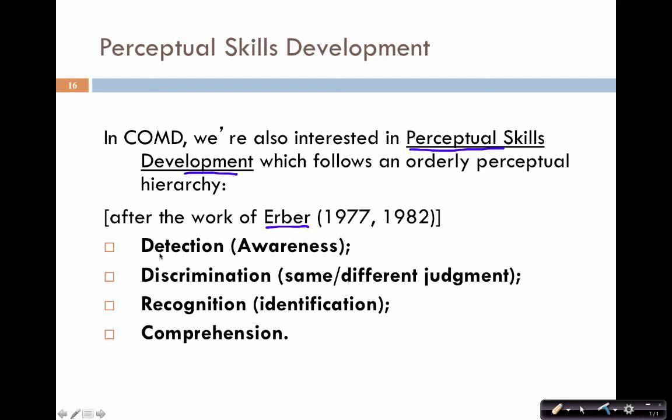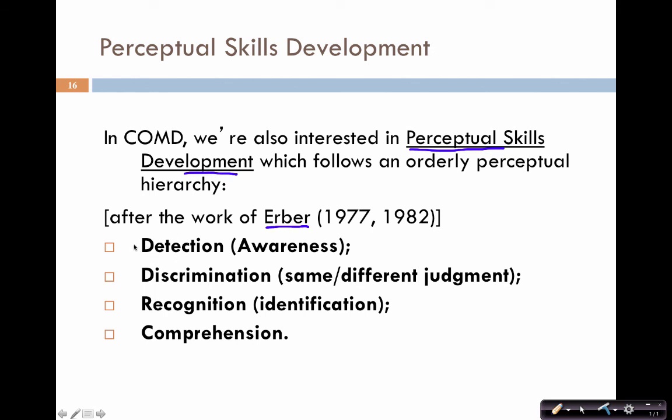But this is an important hierarchy for you to be aware of, because if we're going to be training children, for example, to learn how to listen and to perceive sounds, very young children who are having to listen possibly with cochlear implants or with hearing aids, they've got to follow an orderly perceptual hierarchy.